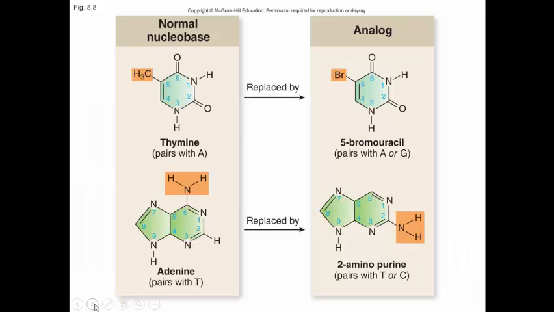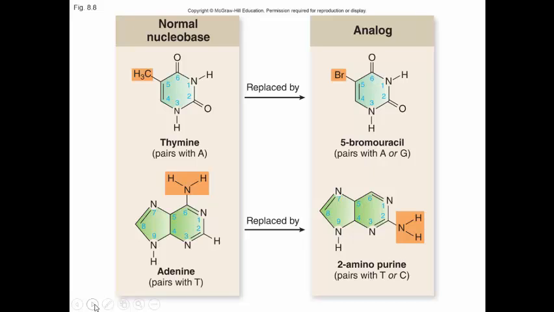Now, base analogs. If you take a look, you'll see this listed. Base analogs are compounds that resemble structurally the purines and the pyrimidines, close enough to be incorporated into the DNA during DNA replication. These compounds will alter the hydrogen bonding.